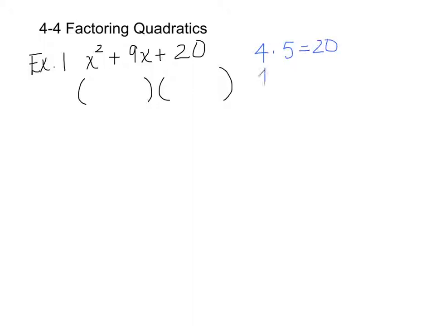But if you add 4 and 5, you get 9. And the way that you write it, it'll be x plus 4 and x plus 5. And then you can always check your answer by multiplying this back out using our FOIL method. And then you should get back what you started with. Let's try another one.